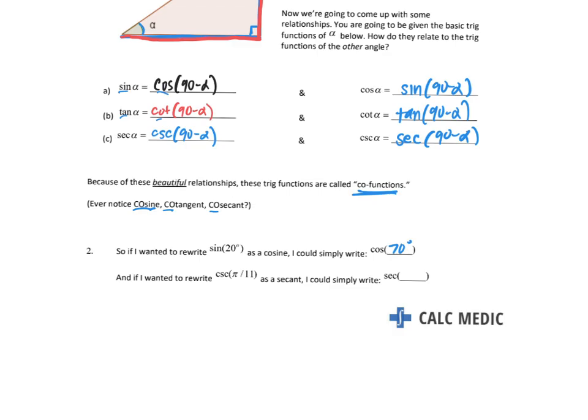And then if we wanted to write cosecant of pi over 11 as secant, we could do secant of, well, it'd have to be pi over 2, which is 90, minus pi over 11. And to do that, we would need a common denominator. So let's do 11 pi over 22. I'm multiplying this first fraction by 11 over 11.